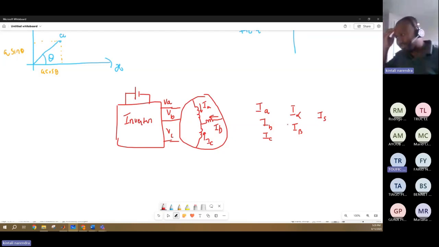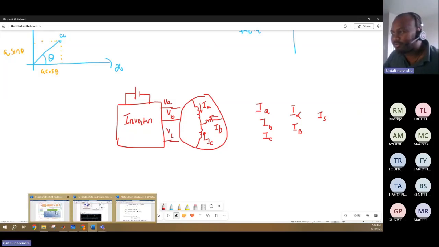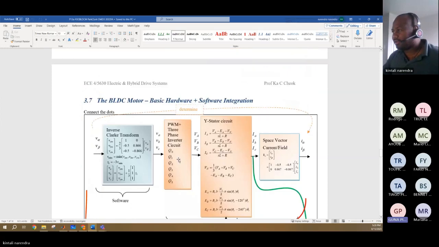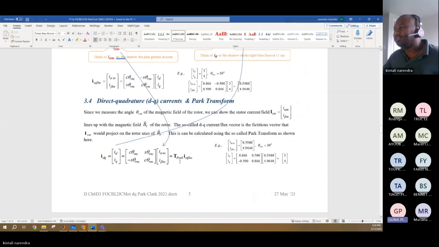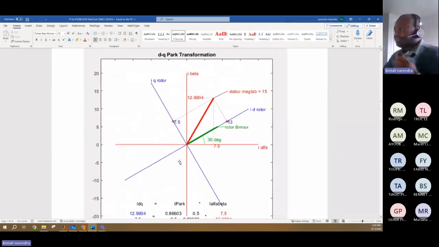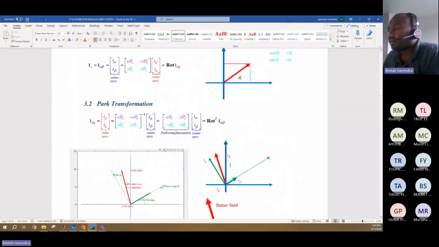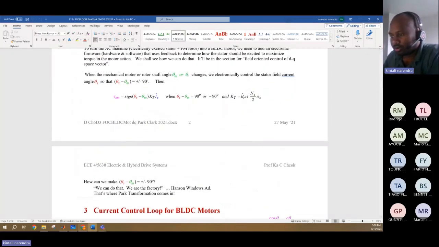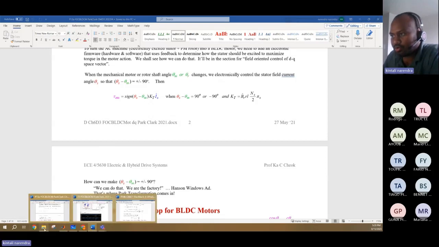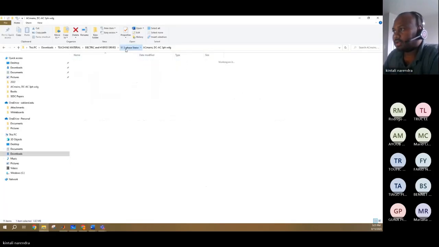Okay, I have to go way behind. Wait, no, not other two sets of currents. What they call is the Clark transformation.